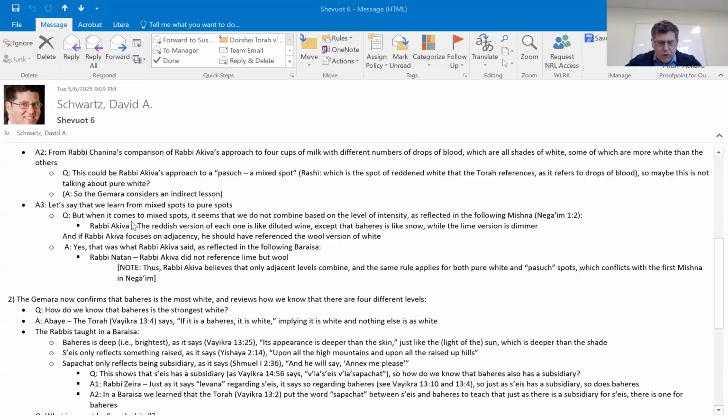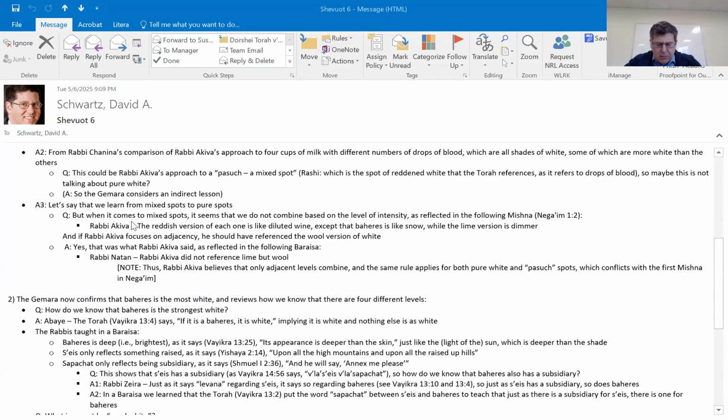Ma levana ha'amura b'Seis yesh la tfeila. Just as the levana mentioned by Seis indicates that there's a secondary version, so too for Beheres, there should also be a secondary one. So that's one way to learn it.